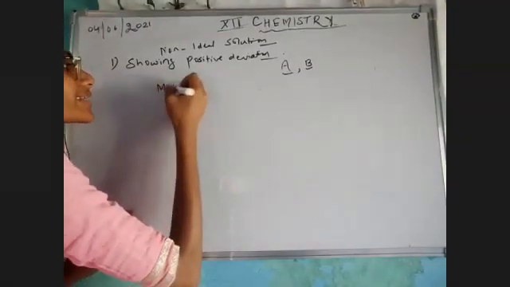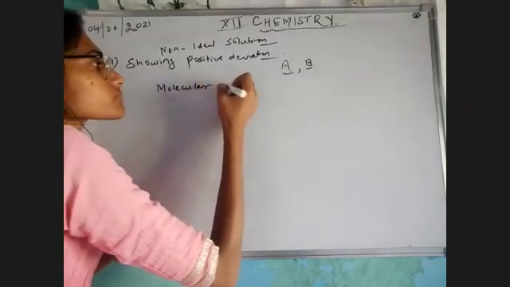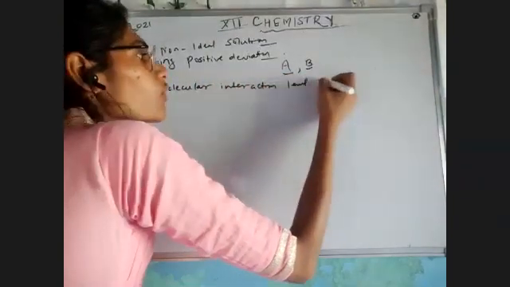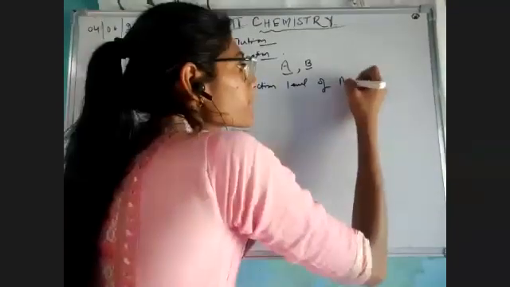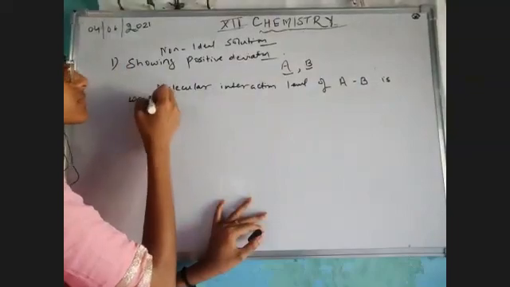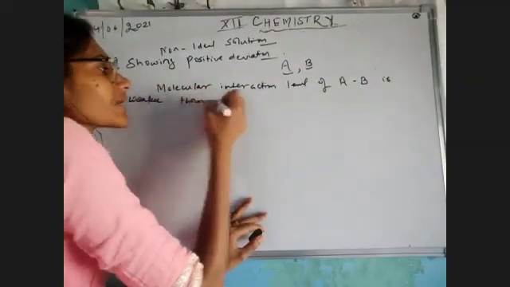First of all, the compounds which are showing positive deviation explain to us that the molecular interaction level of the solvent, that is AB, is weaker than AA and BB.